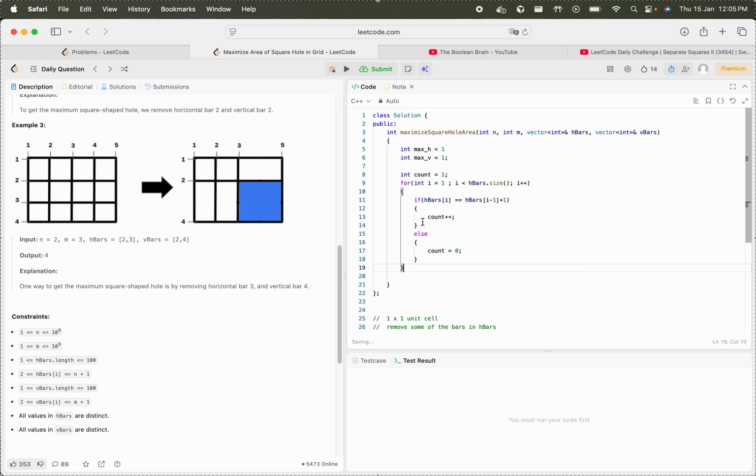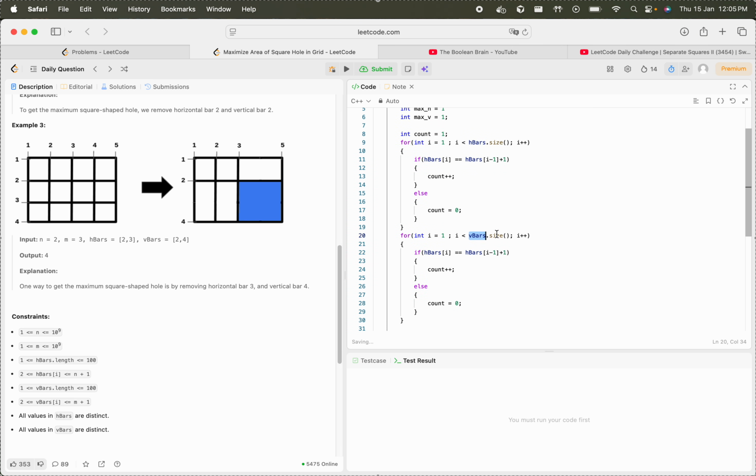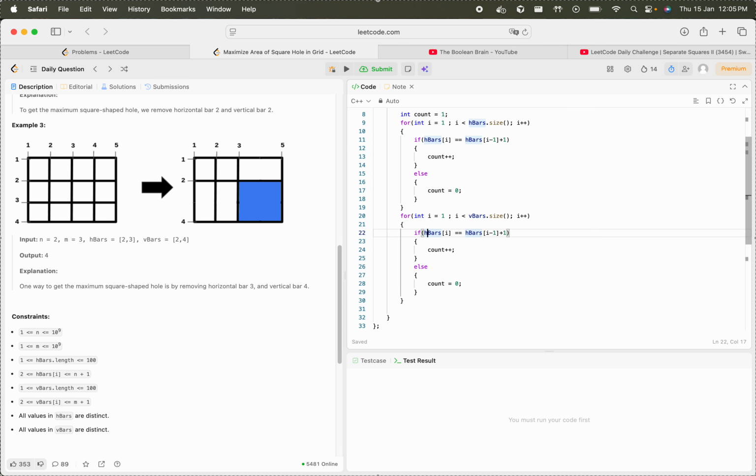Now, the same logic I need to replicate for v bars. So I start from 1, i less than v bars dot size, i plus plus. If my v bars of i is exactly equal to v bars of i minus 1 plus 1, then I increase the count. So I need to reset the count here.